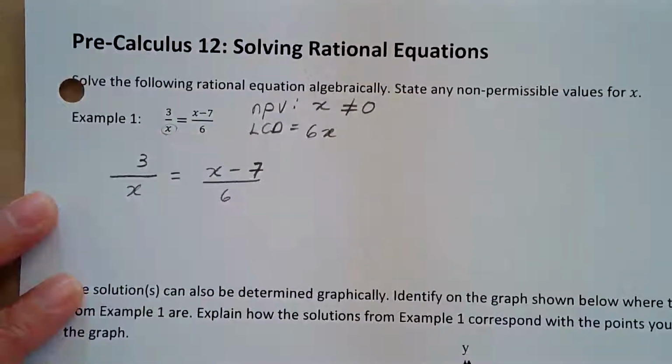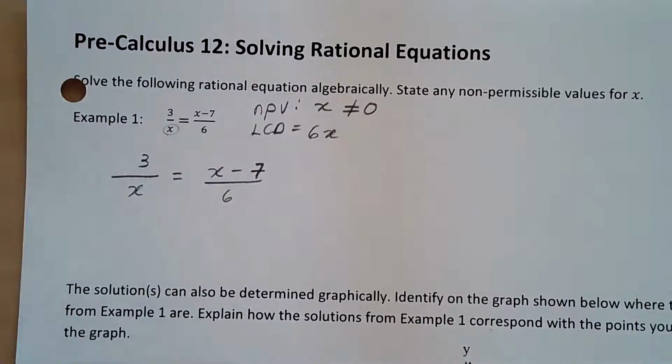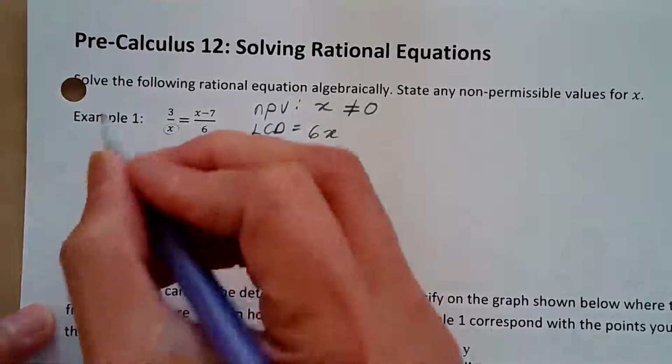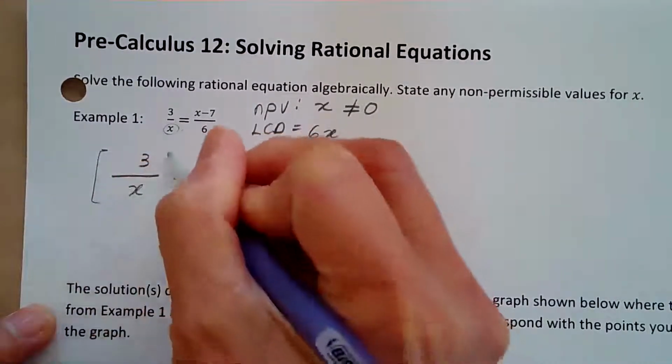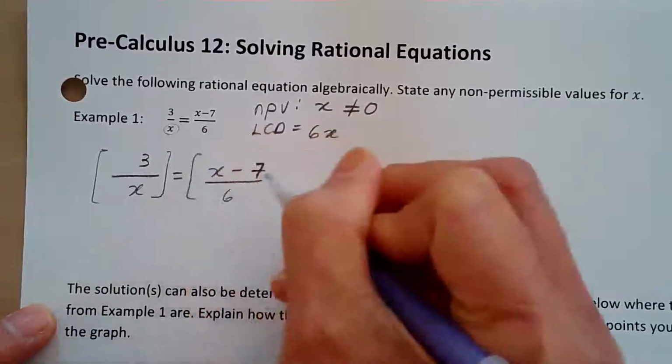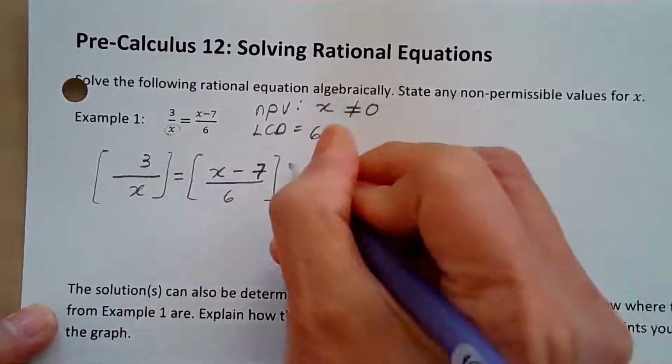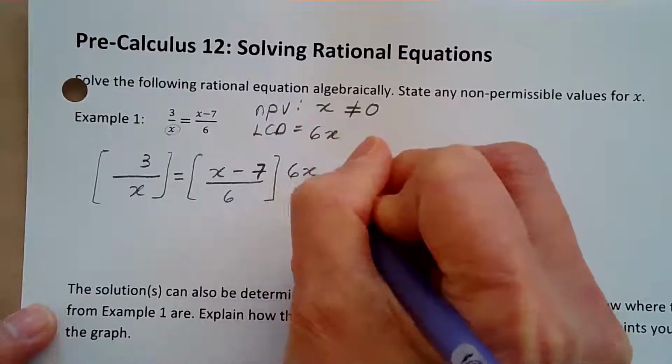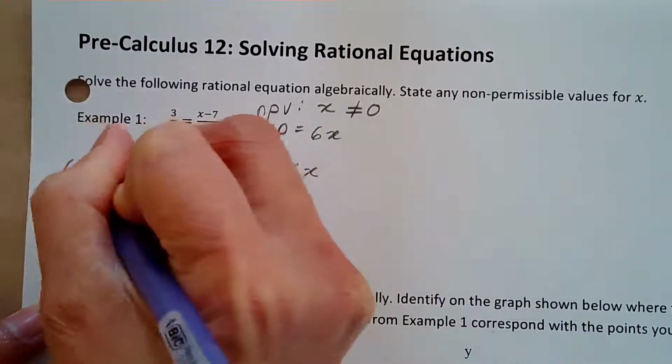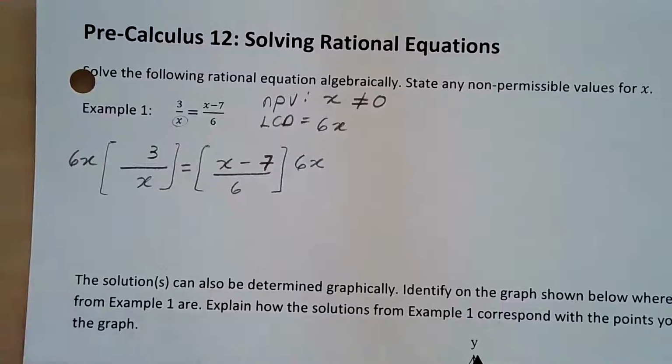I just rewrote the equation all over again, but I'm going to multiply. I'm just going to use the square brackets, doesn't matter. Multiply each side by 6x. What I did on one side, I did on the other side.